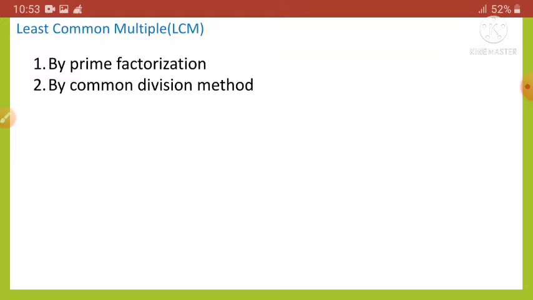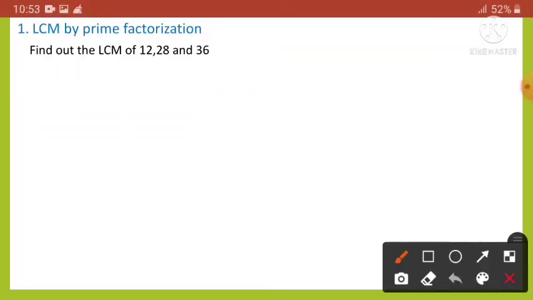Okay, got it? So to find the LCM, at first we try the prime factorization method. Here the question is to find the LCM of 12, 28 and 36. At first we have to find the prime factors of each of the numbers.